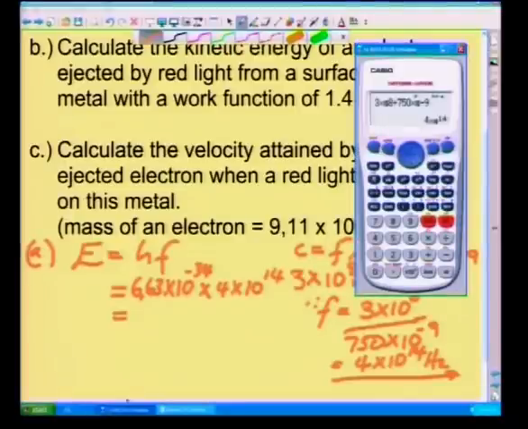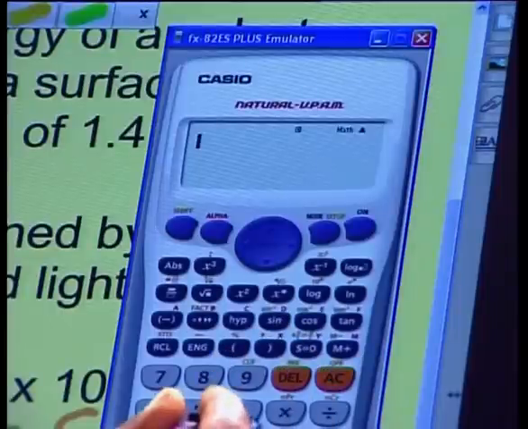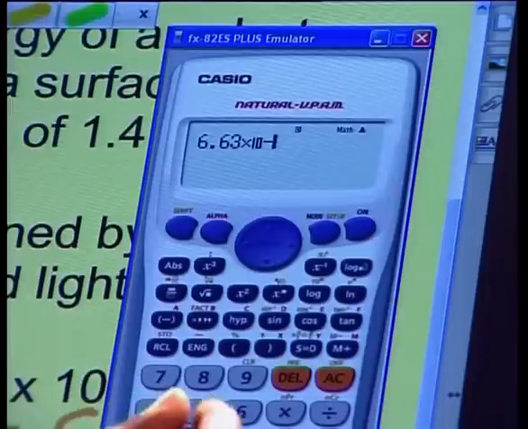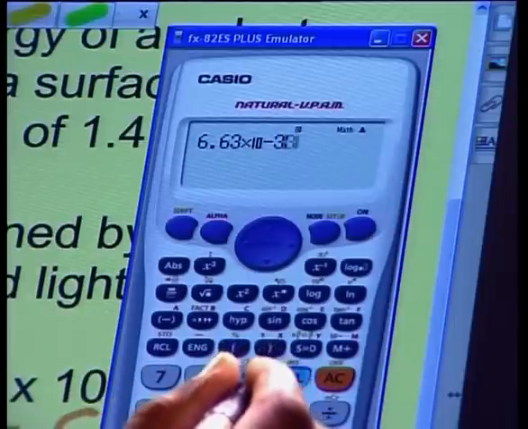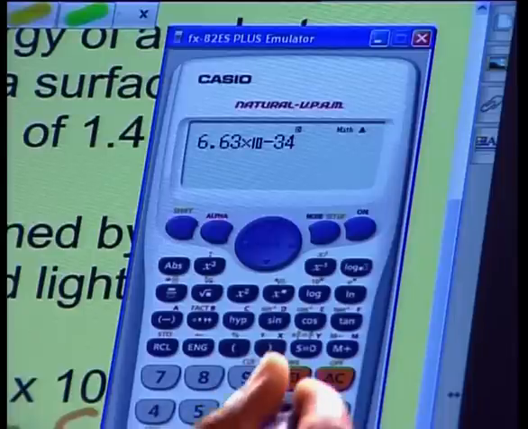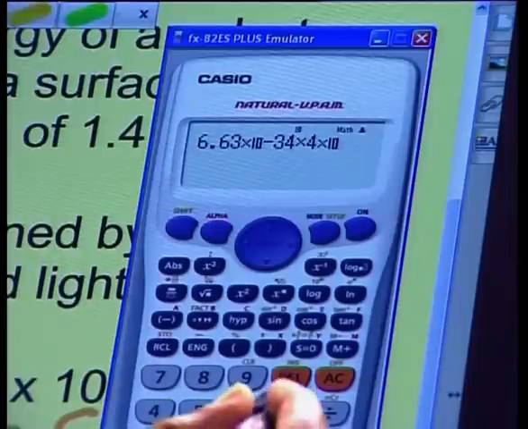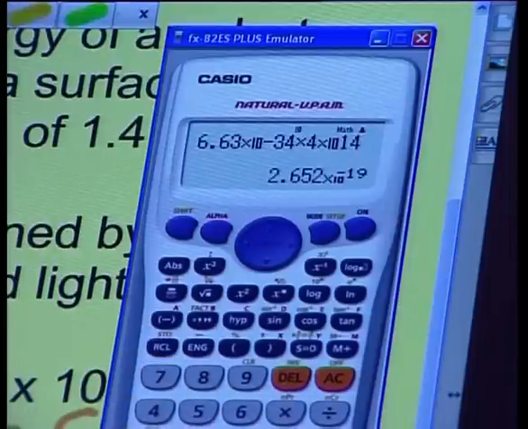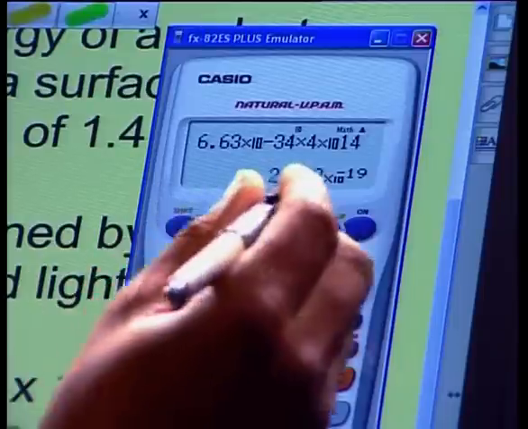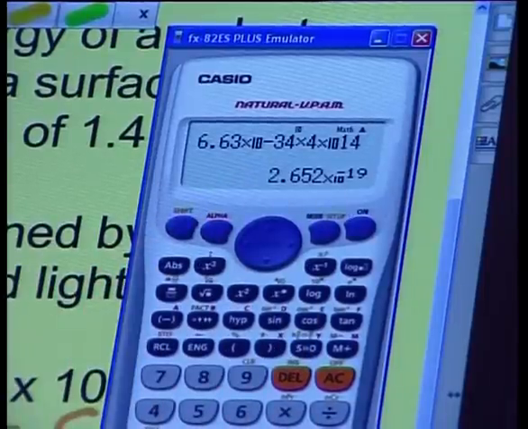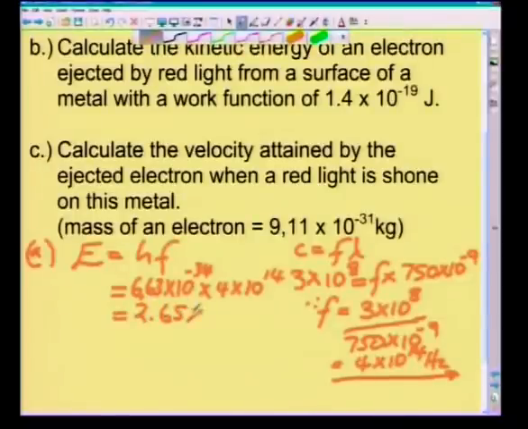Once again, let's quickly use the calculator. 6.63 by 10 to the power minus 34 times 4 by 10 to the power 14. What is the answer? The answer is 2.65 by 10 to the power minus 19 joules of energy. Okay, now that is the answer for A.